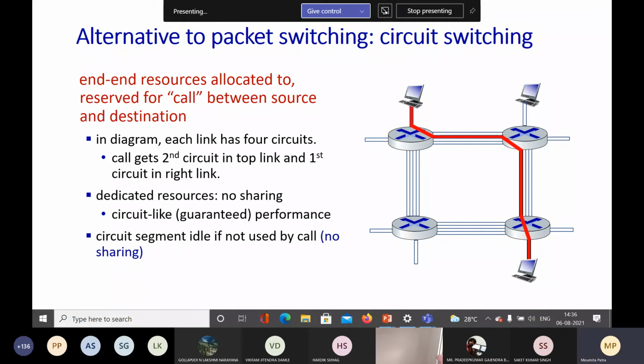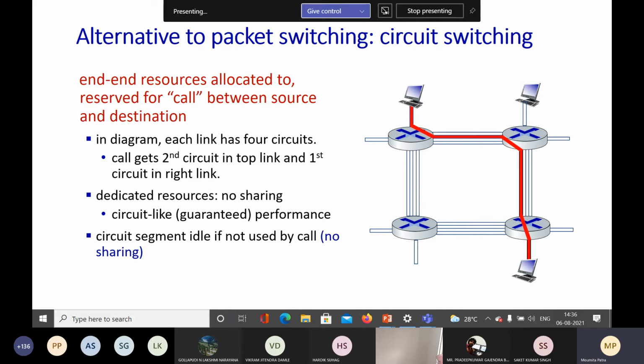All right. Now, what's the problem with this? This could be the best thing that could have happened over the history, right? But the problem is that circuit switching is somewhat like early telephone networks, the landline phone networks.